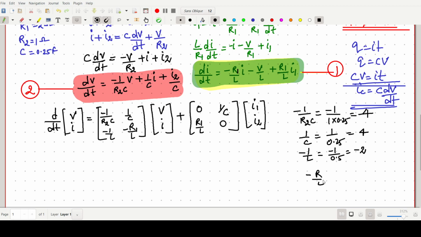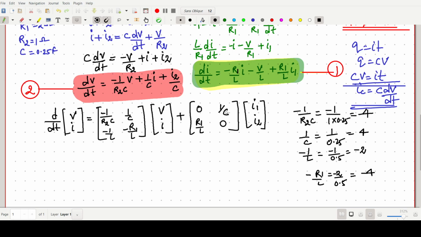Clear? So now R1 value is 2 kilo ohm. So minus 2 by L 0.5, so it should be minus 4. Minus R1 by L will be minus 4.